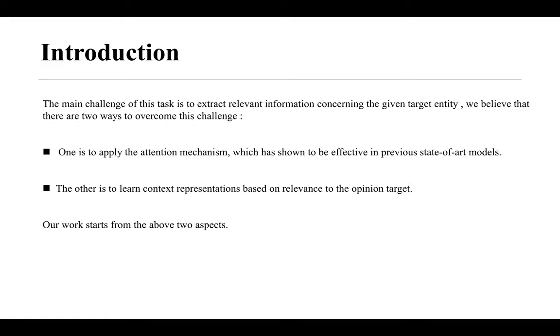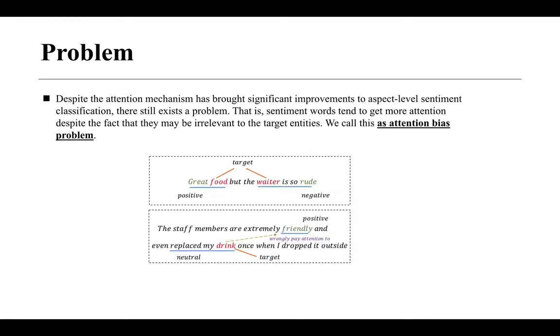One is to apply the attention mechanism, which has been shown to be effective in previous state-of-the-art models. The other is to learn context representations based on relevance to the opinion target. Our work starts from the above two aspects.